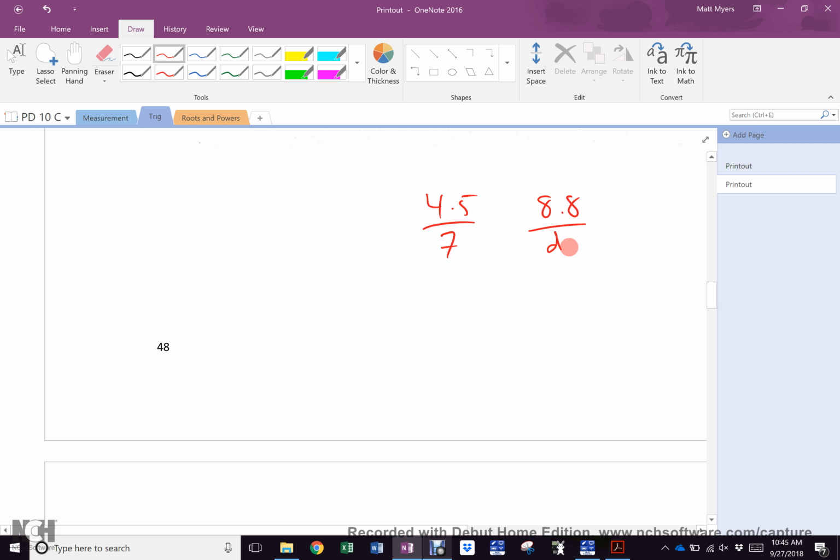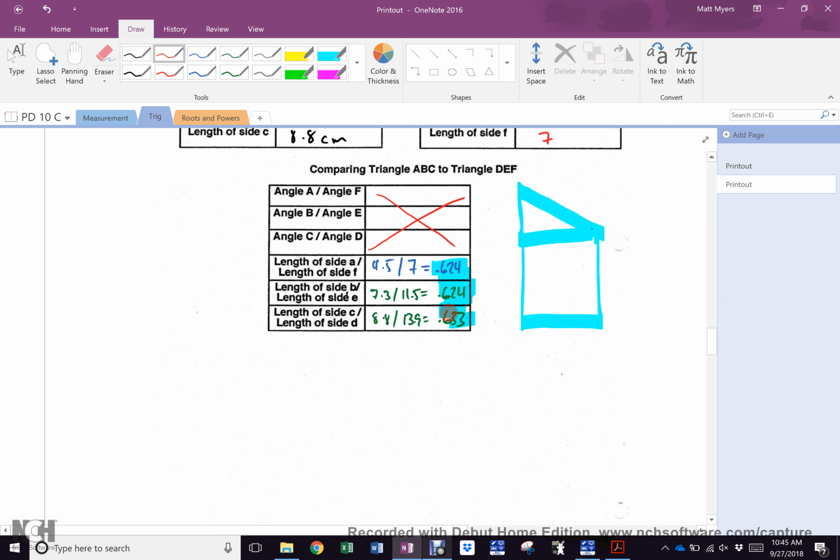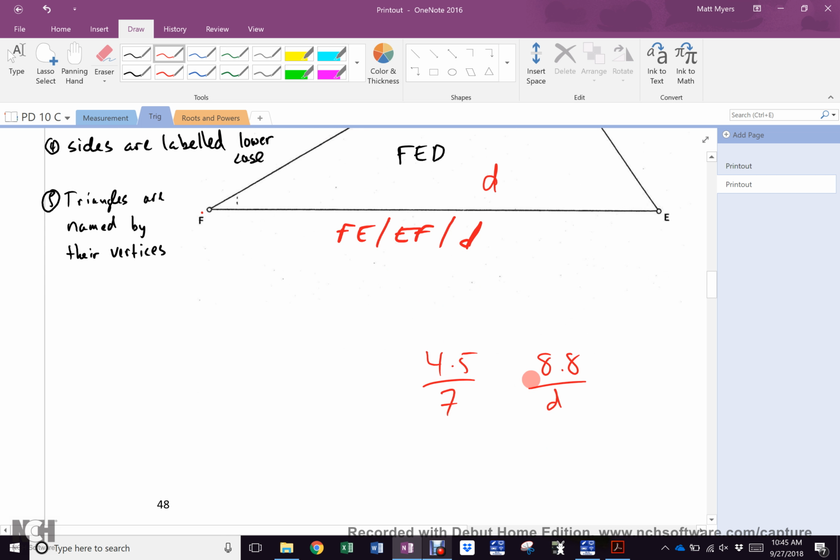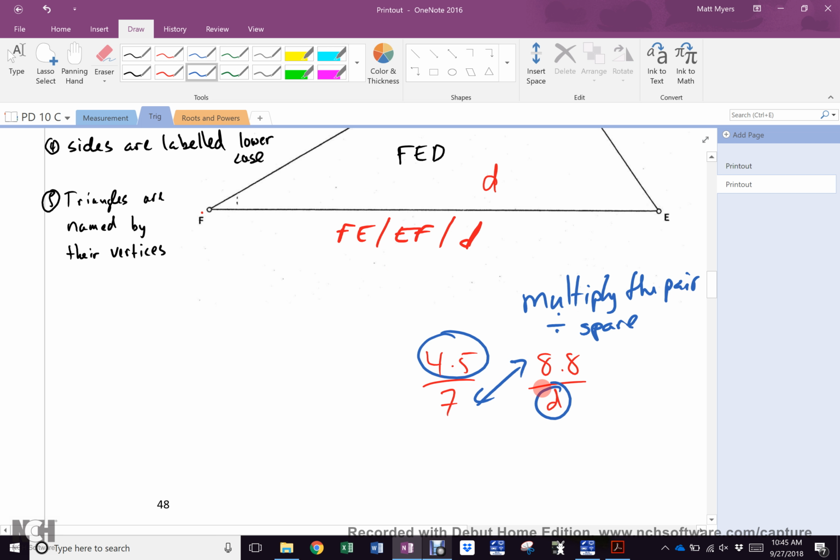And because they are similar, you know from what we just proved that those decimals must be equal, correct? So, you do math to find D. How do you find it? Multiply the pair and divide the spare. And you will get that answer.